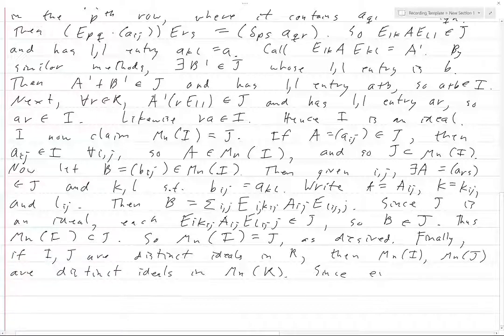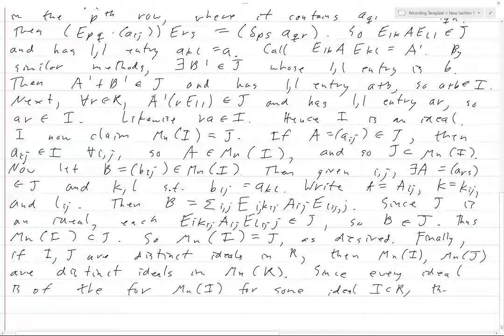Since every ideal is of the form M and I for some ideal I of R, the map is surjective, and hence the map that sends an ideal I of R to the ideal M and I of M and R is a bijection.